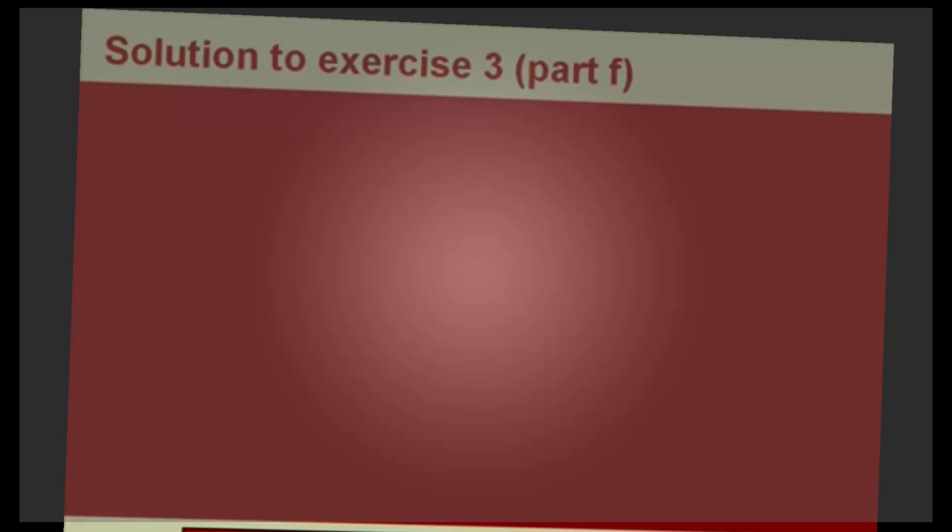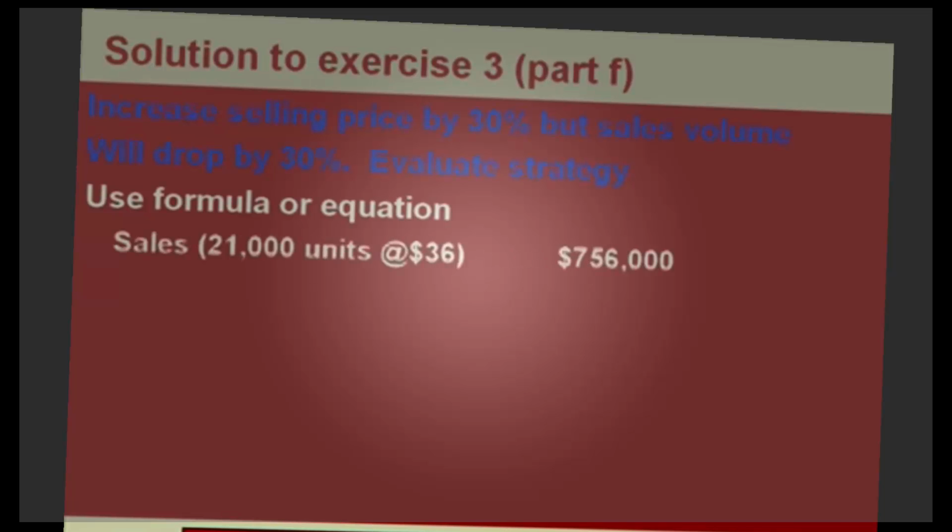Part F, they want you to evaluate a strategy. If they increase selling price by 20%, the sales volume goes down 30%, but whoever suggested it believes it's beneficial for the company. So let's figure out the profit if you follow this strategy. Increase selling price by 20%, but sales volume will drop by 30%. Use the formula or equation, doesn't matter.